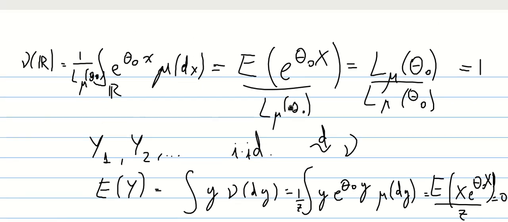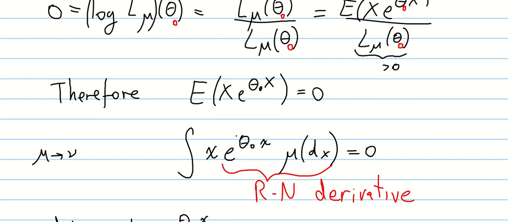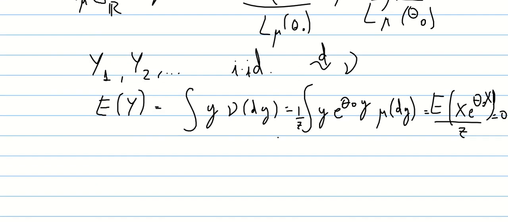Also, if you look at the definition of y, it's just a Radon-Nikodym derivative of x. What we get is that y also has all the Laplace transforms always finite. We're just multiplying by some e to the theta 0 x.